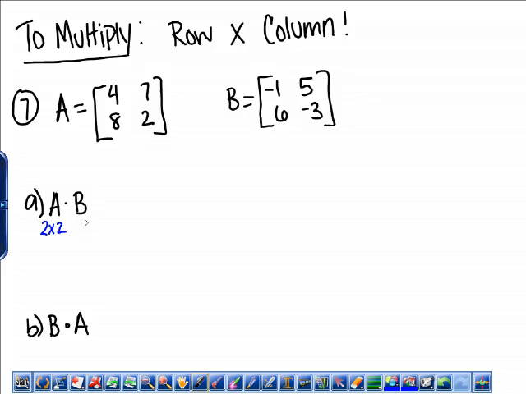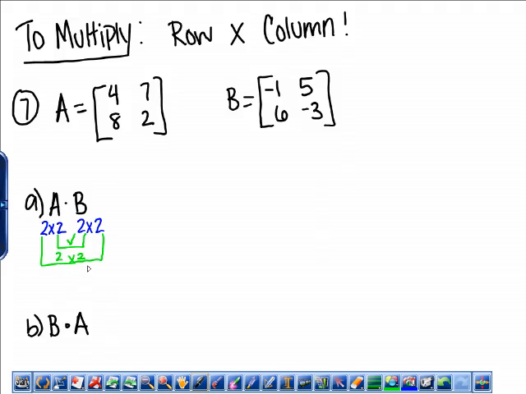What are the dimensions of matrix B? Am I allowed to multiply A times B? Yes. 2 matches 2. What will the dimensions of my solution matrix be? 2 by 2.